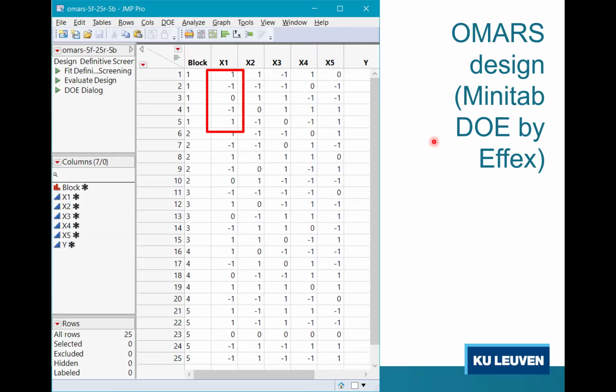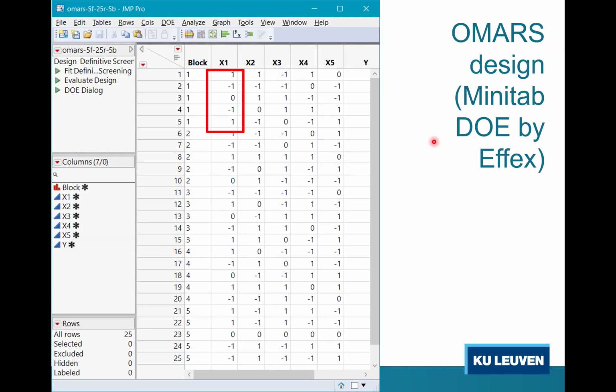And to do that, you must make sure that the average level of every X is equal to 0 in every block. And you can see here that I highlight particular columns within a group, within a block.